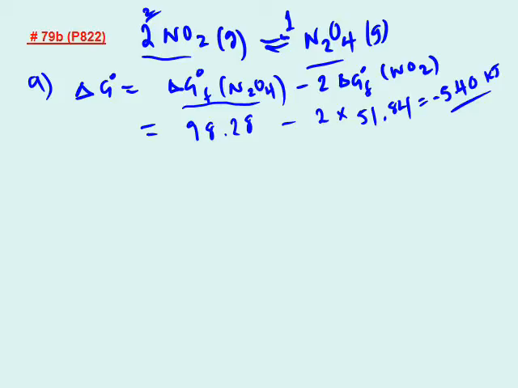In part B, they're asking you to calculate delta G at 298 Kelvin when partial pressures are not 1 atmosphere. So in other words, we're talking about calculating delta G for non-standard situations. So let me use a different pen.